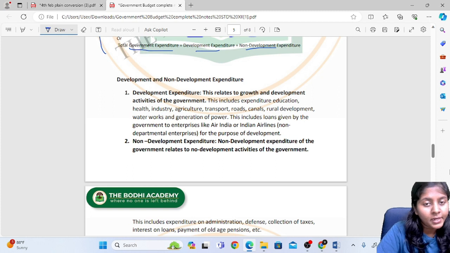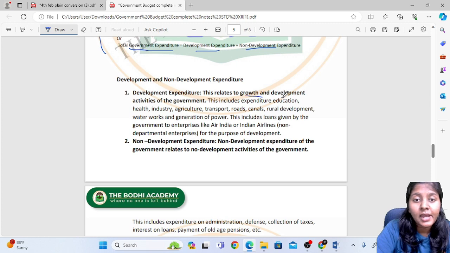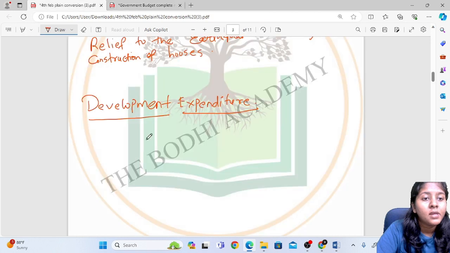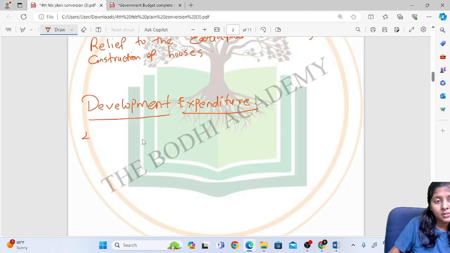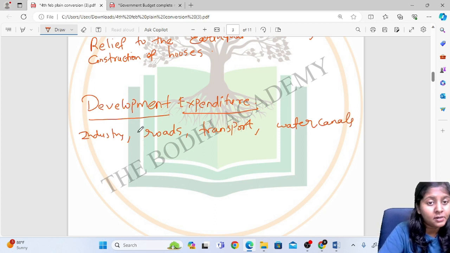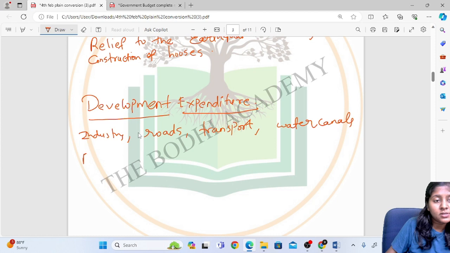Okay, development expenditure. It relates to the word development. It relates to the growth and development activities of the government. Development in certain areas like industry, agriculture, transport, roads. Development expenditure examples: industry, development on roads, transport, building water canals, or building bridges.